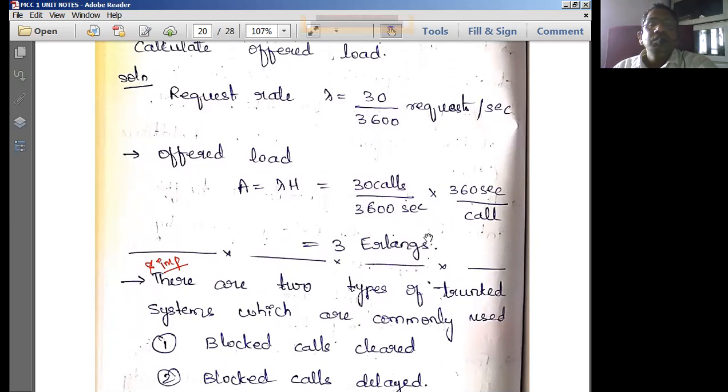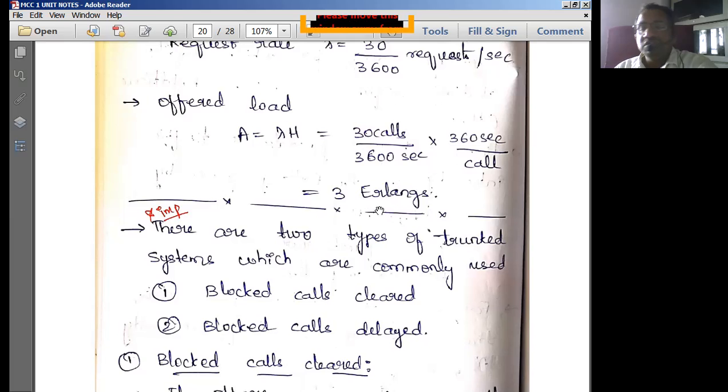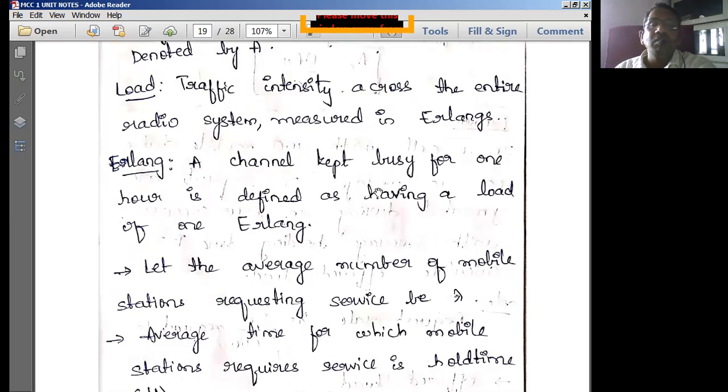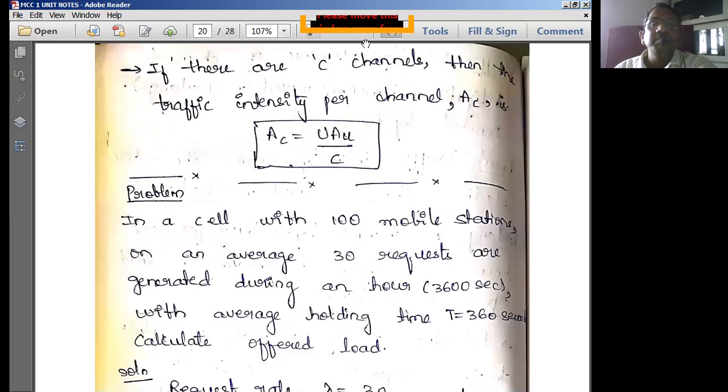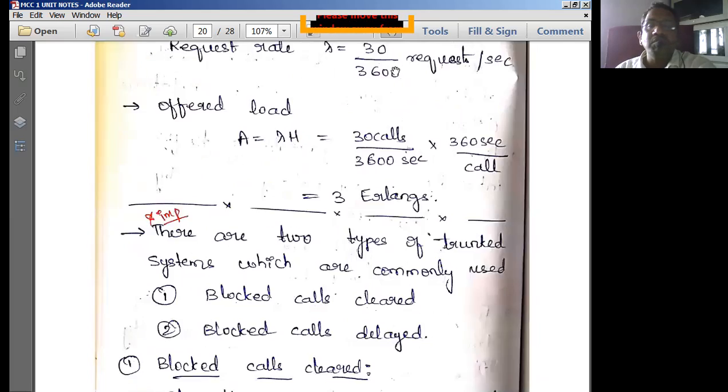By calculating this, the 360 will cancel, 10 and 10 cancel, 1 will go, and 3 remains. So we get 3 erlangs here. This is the basic problem, which we can use to find the performance metrics or grade of service parameters of the cellular mobile system.